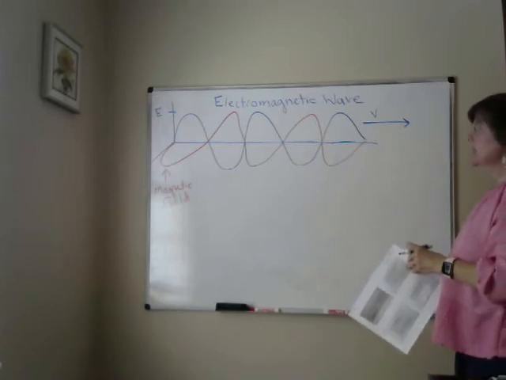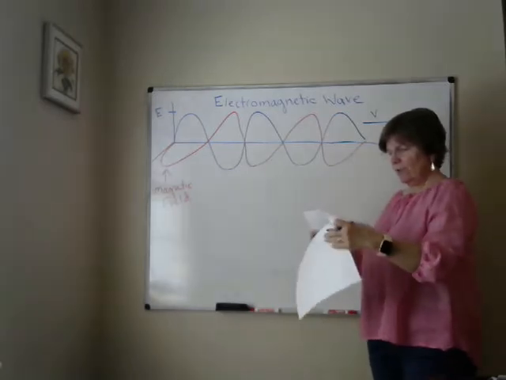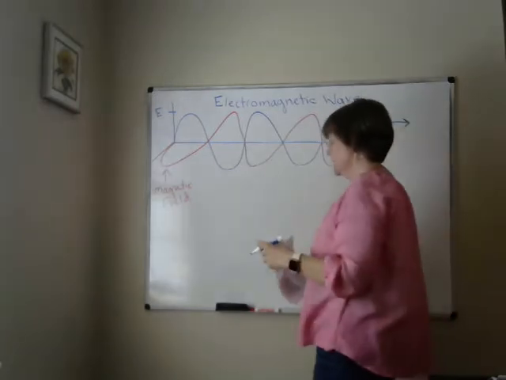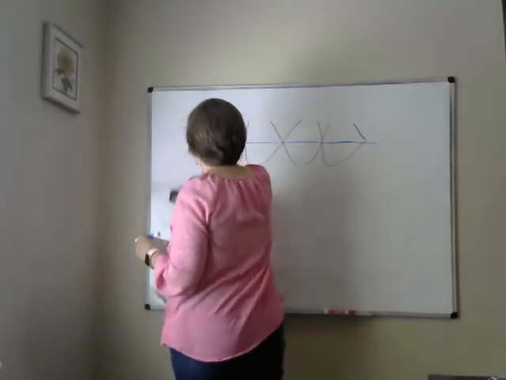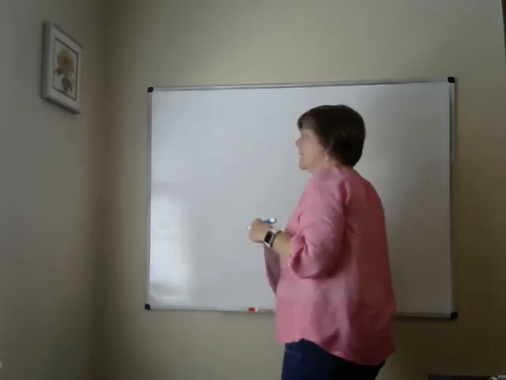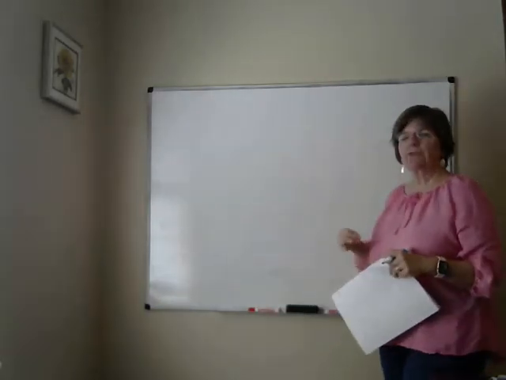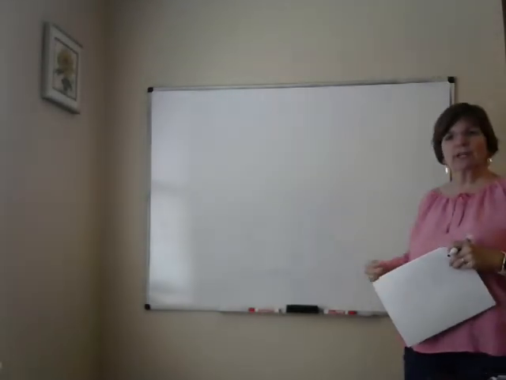Now, the speed that these electromagnetic waves travel was first determined by a man named James Maxwell. James Maxwell did for electricity and magnetism what Isaac Newton did for motion and gravity.